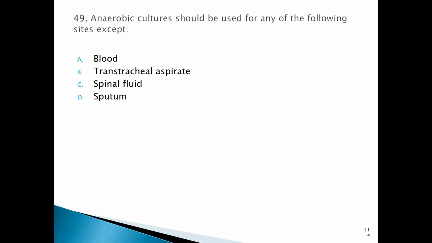49, anaerobic culture should be used for any of the following sites except A, blood, B, transtracheal aspirate, C, spinal fluid, and D, sputum. Remember, read the questions carefully and notice it's an exception question. So you're looking for the one that should not be cultured anaerobically.